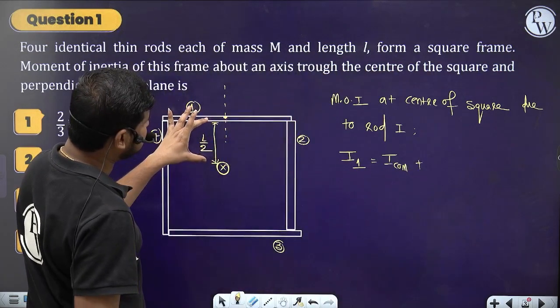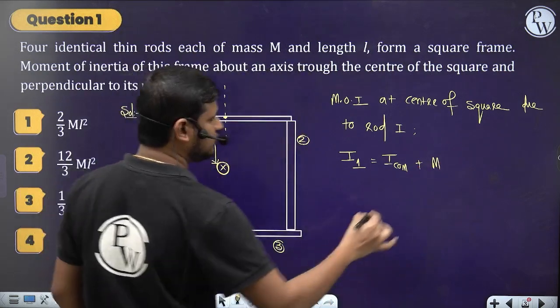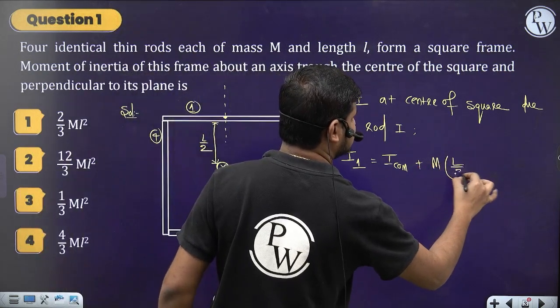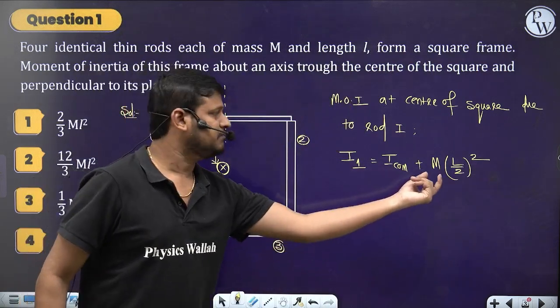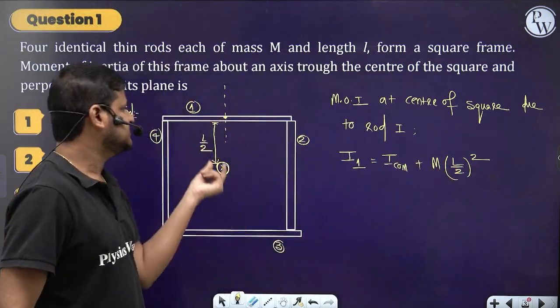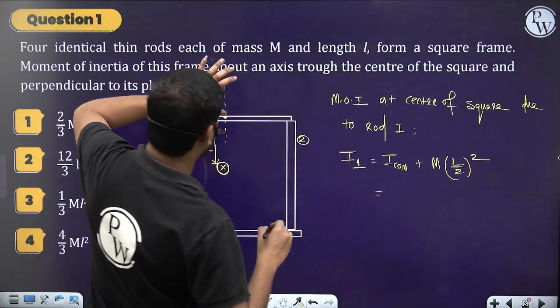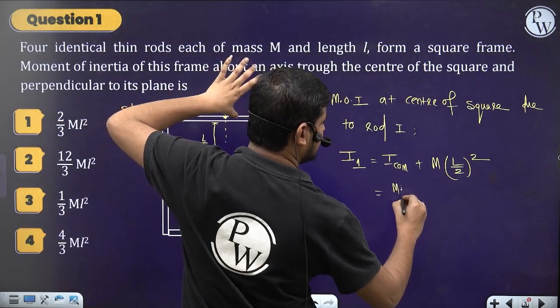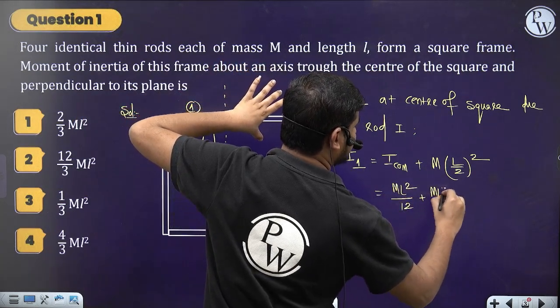It is at a distance l by 2, so m into l by 2 whole square. About its center of mass the moment of inertia we already know is ml square by 12, plus this will be ml square by 4.